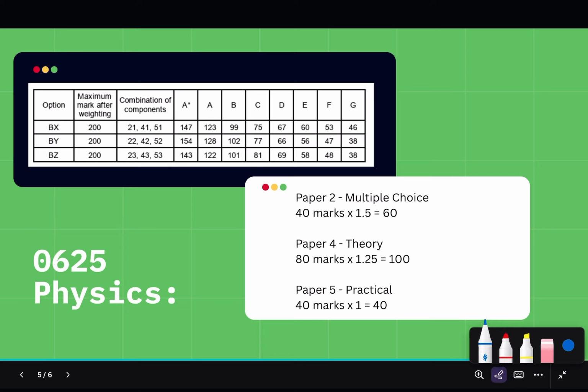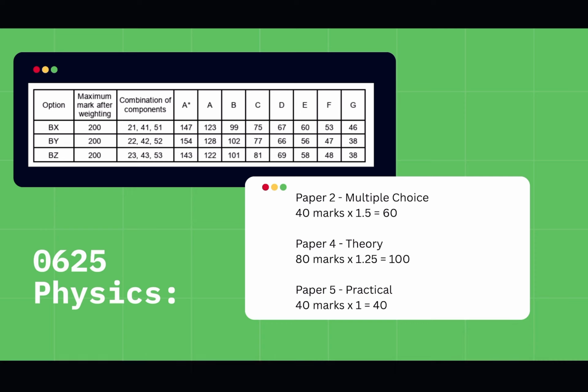Okay, so let's start with multiple choice. Let's say for multiple choice, it wasn't really great. You got a 25 out of 40. So you're going to multiply it with the weighing factor. So you have 25 times 1.5, and you're going to get 37.5.